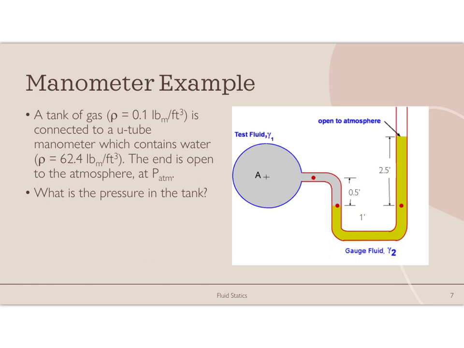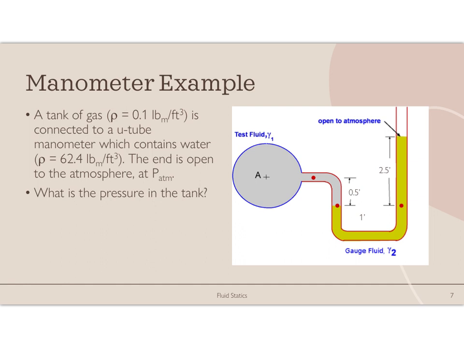Okay? The open side of this is open to the atmosphere. So on the right side, it's open to the atmosphere. On the left side, it's connected to the tank. And it contains water, so the density is 62.4 pounds per cubic foot.